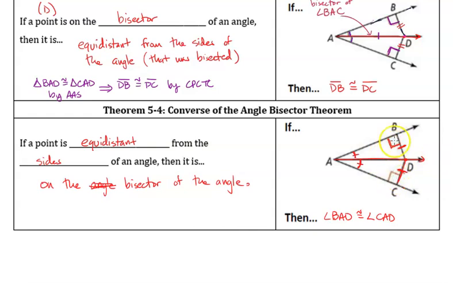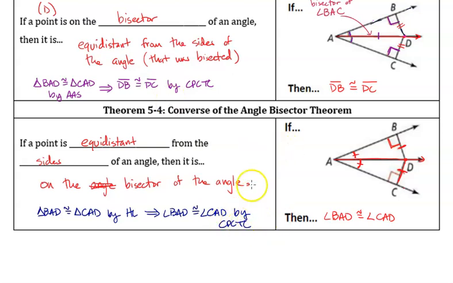They're both right triangles. They share the hypotenuse, segment AD. Their legs are congruent here, segment DB and segment DC. So I know that triangle BAD is congruent to triangle CAD by HL, which would imply that angle BAD must be congruent to angle CAD by CPCTC. That's how we know this theorem is true.